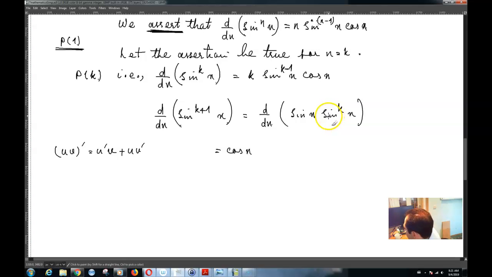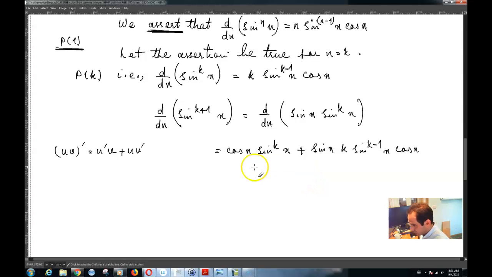Of course times the second function, which is sine raised to the power k of x, plus the first function, which is sine x, times the derivative of the second function. The derivative of sine raised to the power k of x is k times sine raised to the power k minus 1 of x times cos x.